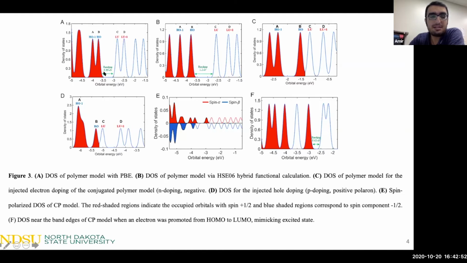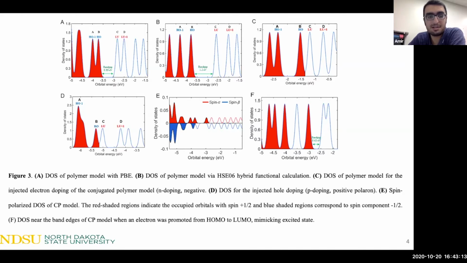As expected, the band gap has a value of almost 0.9, 0.89. However, the energy gap value reported for this kind of polymer is around 1.3 electron volt.